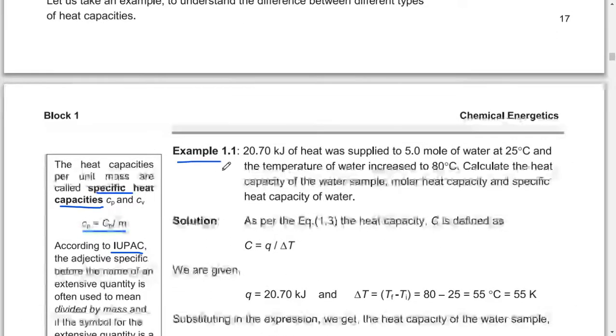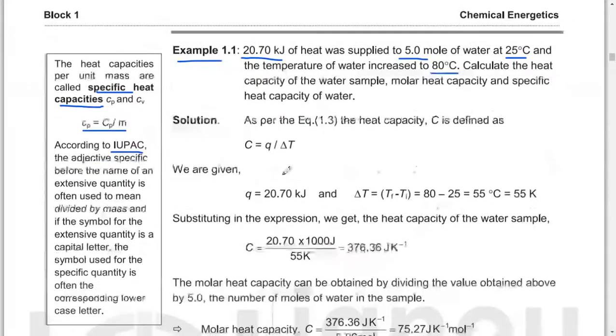Example 1.1. 20.70 kilojoule of heat was supplied to 5.0 mole of water at 25 degrees Celsius, and the temperature of water increased to 80 degrees C. Calculate the heat capacity of the water sample, molar heat capacity and specific heat capacity of water. Solution.